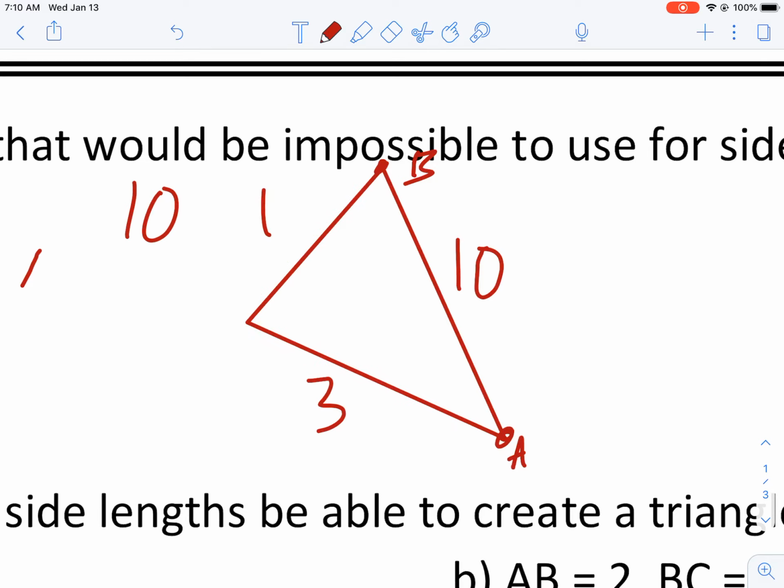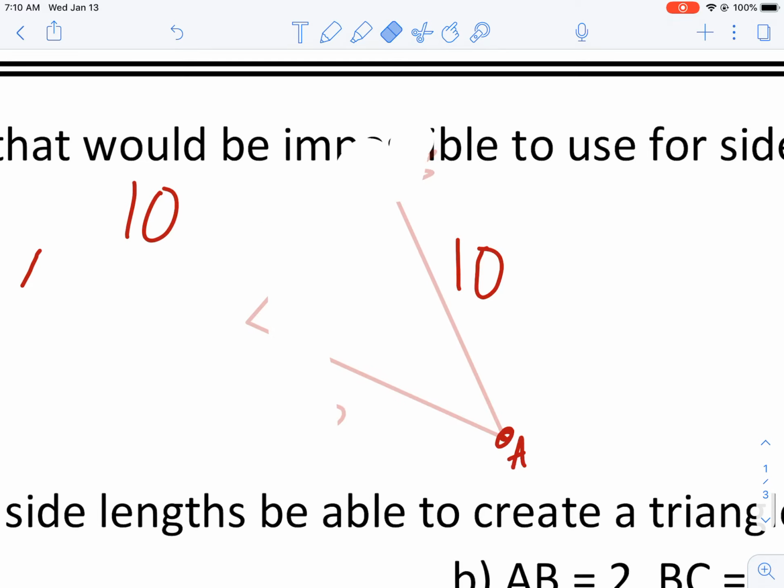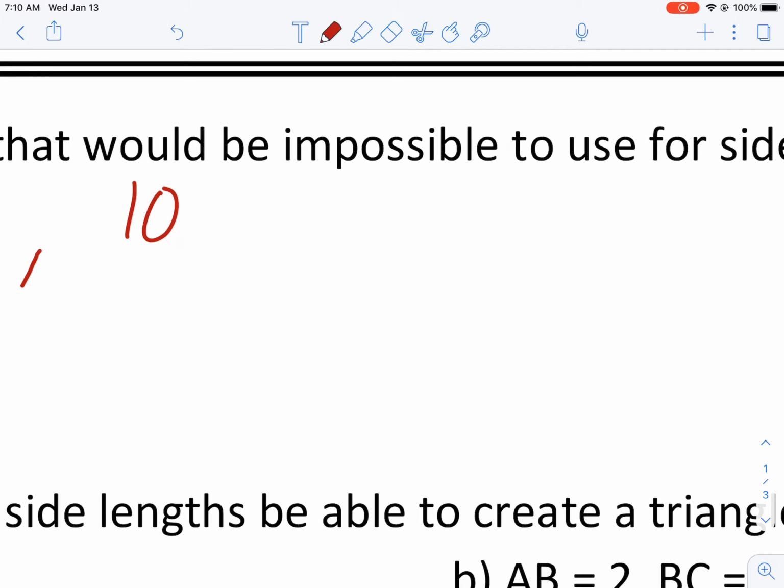It doesn't make sense. So if this is 10, and then we have 1 over there, and then we have 3, those can't make a triangle. The 2 small sides aren't going to touch. The third side's too big, okay? So that's kind of what we're looking at.